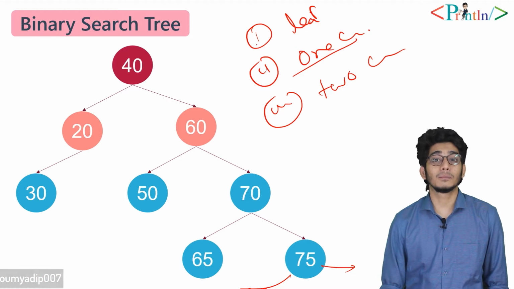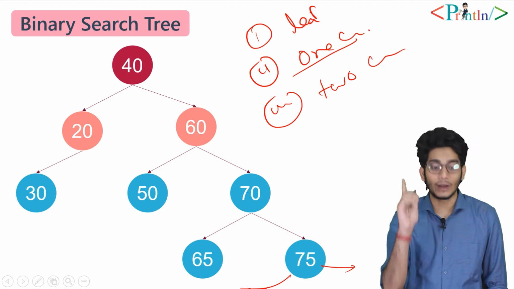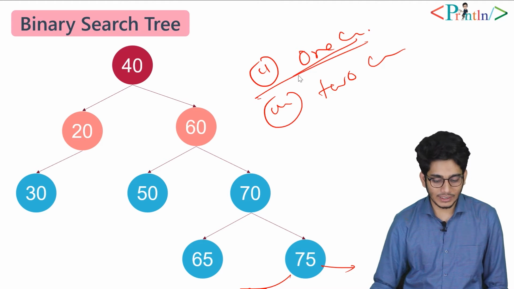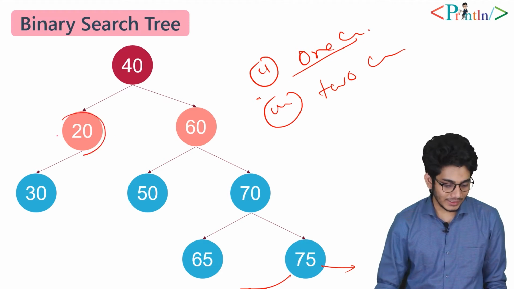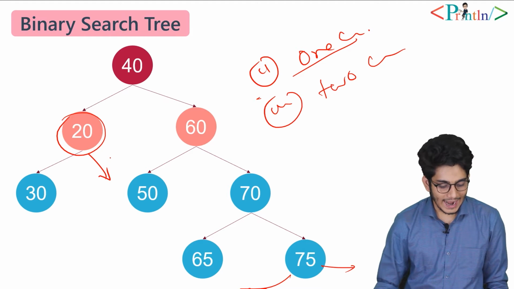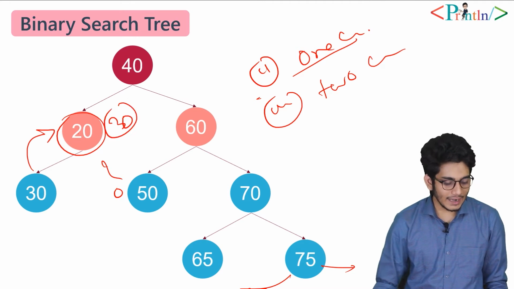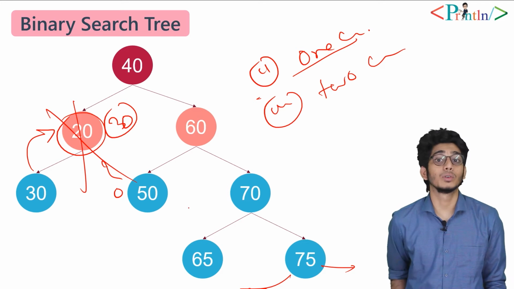Now we'll perform the deletion for a node which has one child. We are done with the leaf. Now we'll see the one child case. Let's say that we are trying to delete this 20. Now 20 has no child at its right. It's null. So we'll just set this 30 over here and deallocate this node.